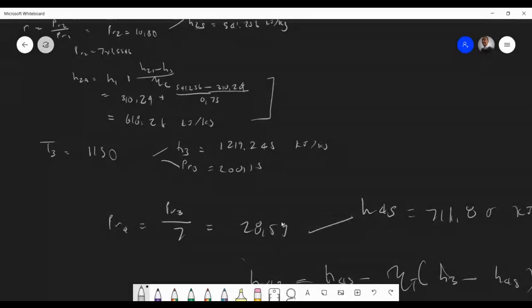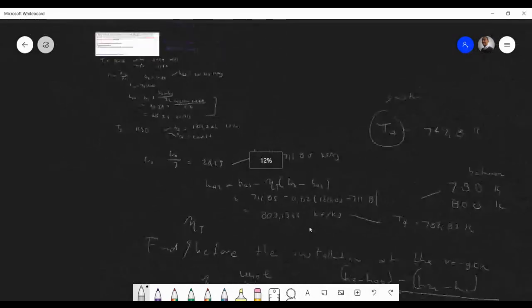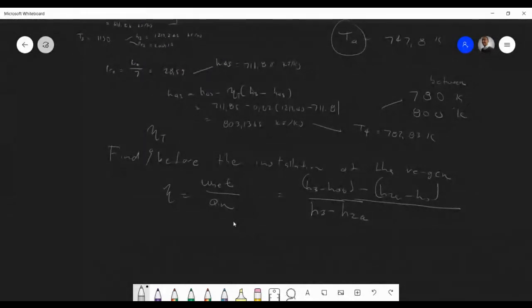So let's find it before installation and see what we get. I'll have to have the work net so we can have it for the previous one as well. So where's my H3 again? It's 1219.245. Guys, I hope you're getting the concept here.